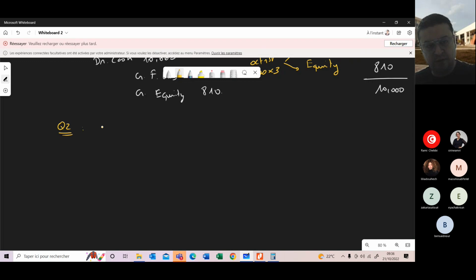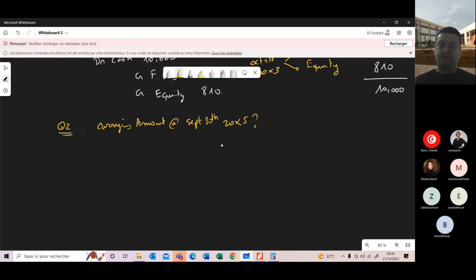What is the carrying amount at September 30th, 20x5? The carrying amount of the liability, to be precise.